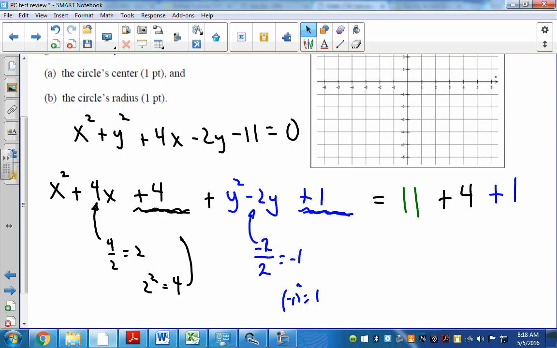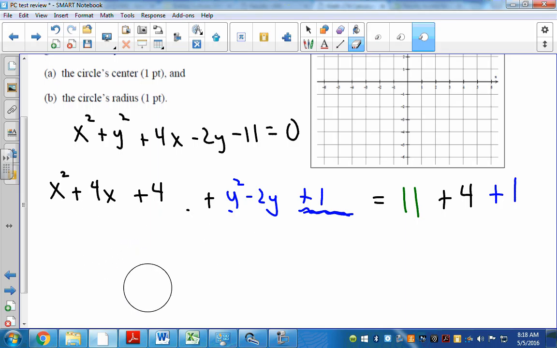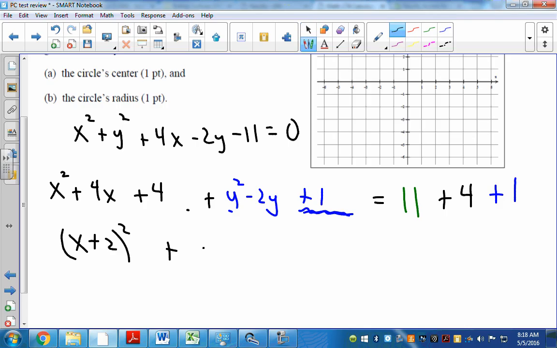Now once we've done that, we can rewrite this as the square of a binomial so that we can actually see the center and radius. So this becomes x plus 2 quantity squared, and this becomes y minus 1 quantity squared, and this is 15 plus 1, which is 16. The center is given by these numbers.